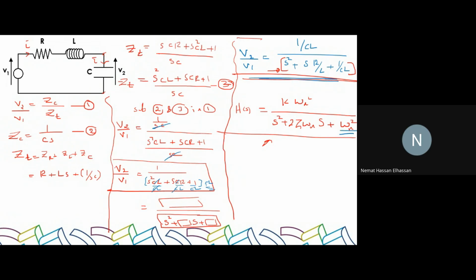this omega n by this term, which will tell me that omega n squared is equivalent to 1 over CL, which means that omega n is equal to 1 over square root CL, right? And then we can compare the factor of s.